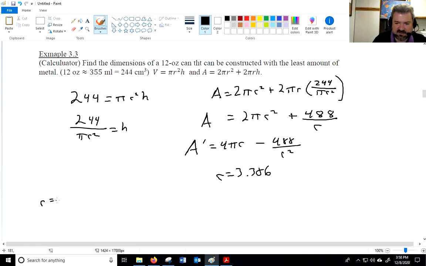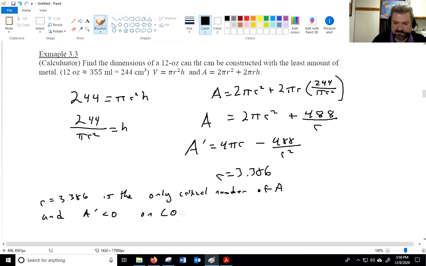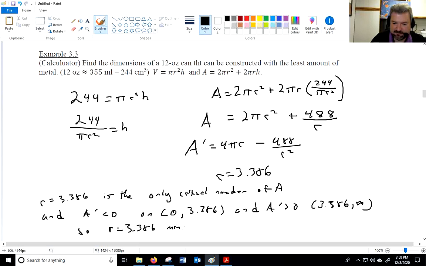We're going to say R equals 3.386 is the only critical number of A, and A prime is less than 0 on the interval from 0 to 3.386, and A prime is greater than 0 on the interval from 3.386 to infinity. So R equals 3.386 minimizes A.